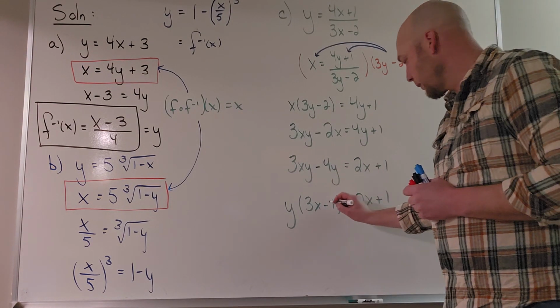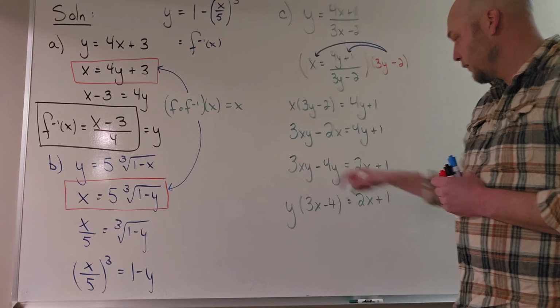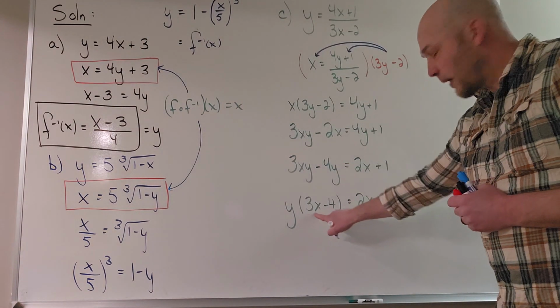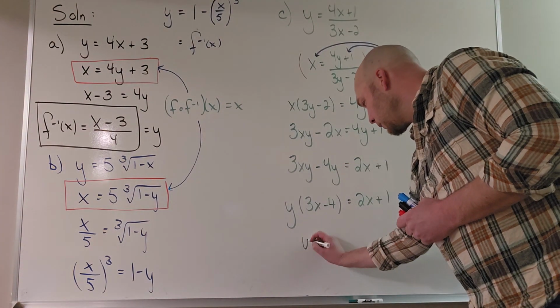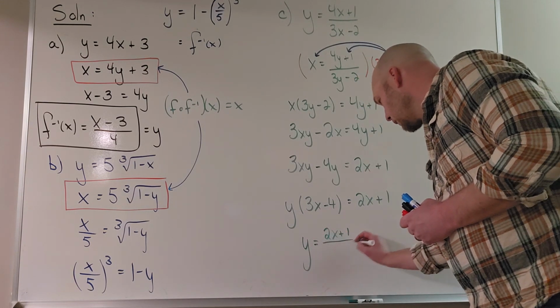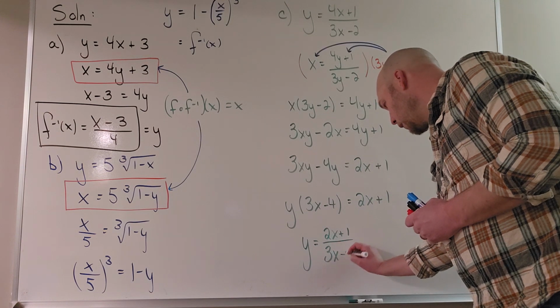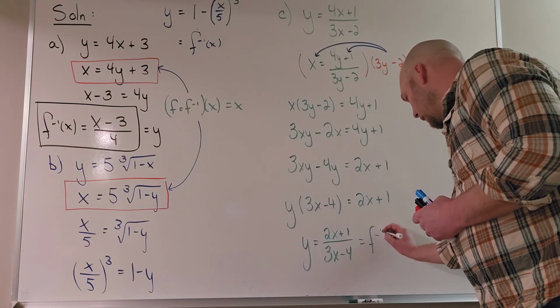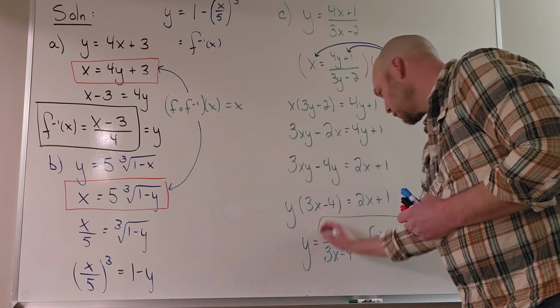Sorry, 3x minus 4, about that. Then what I'll do is divide by what's in the parentheses. That would give me y is equal to 2x plus 1 over 3x minus 4. And again, there's my inverse function.